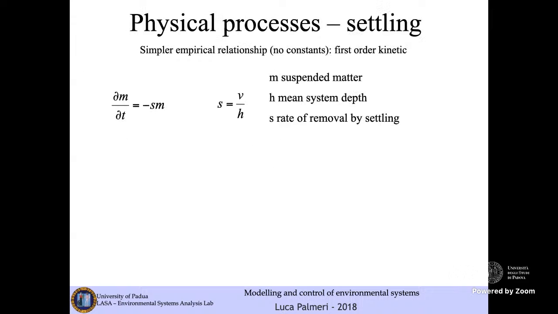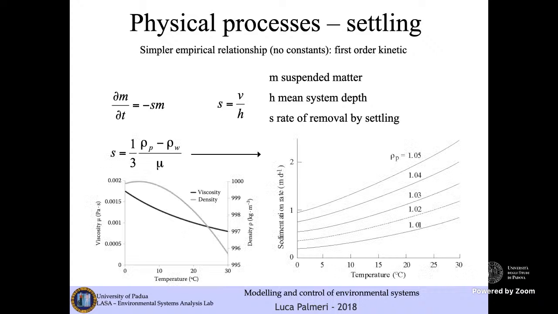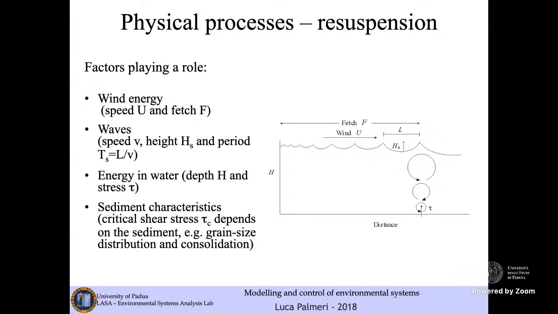This is the process describing vertical movement of material from a water body, from a water column down to the sediment. The reverse process is called resuspension, the movement of material from the sediment to the water column. In this case, we also have a model.